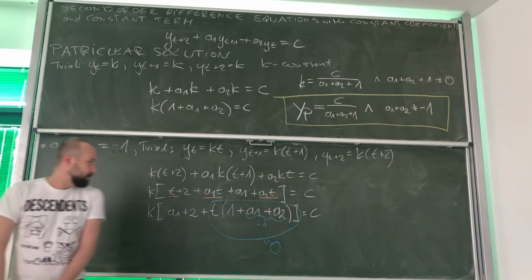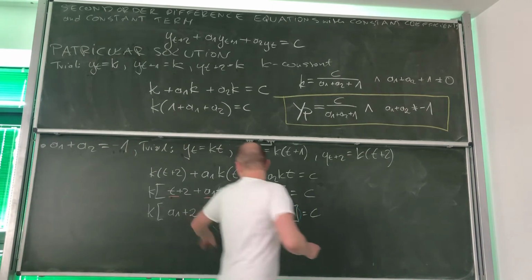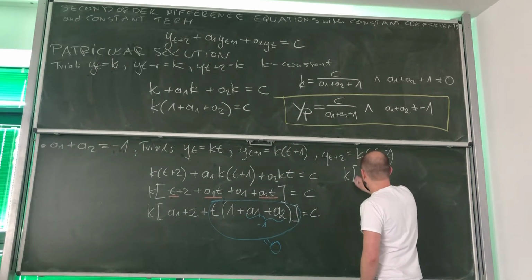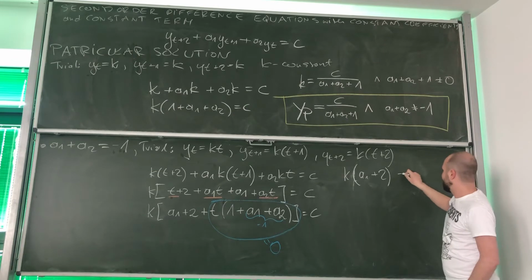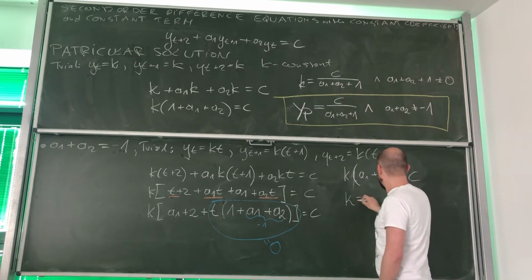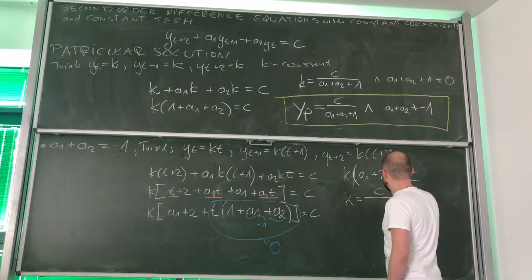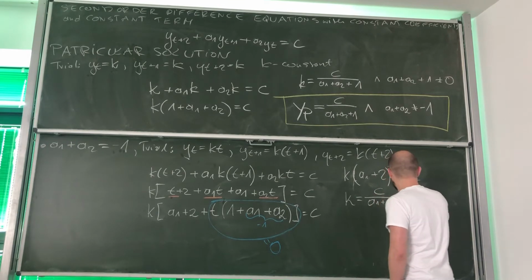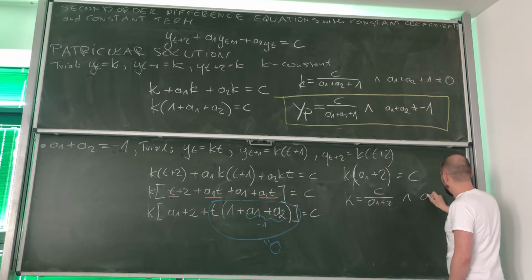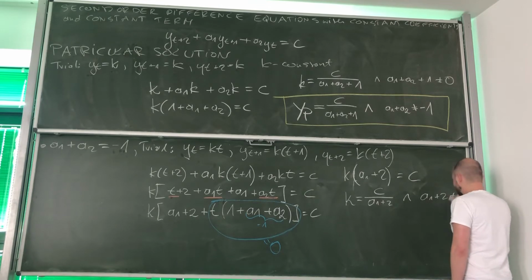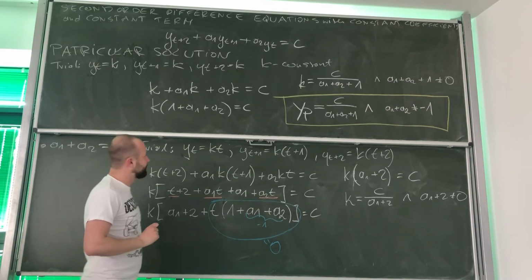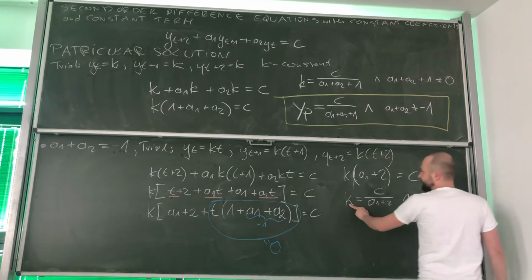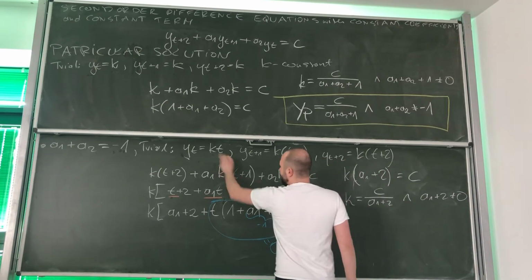What do we get out of it? So we get here a case where k times (a1 plus 2) equals c, or k equals c over (a1 plus 2), and we notice that a1 plus 2 must be different than 0. However, we get the solution. Our solution is, of course, what we get if we substitute k over here.